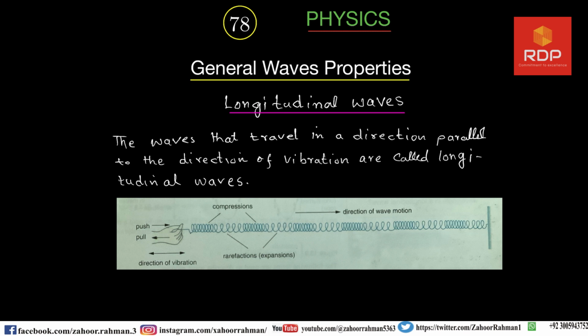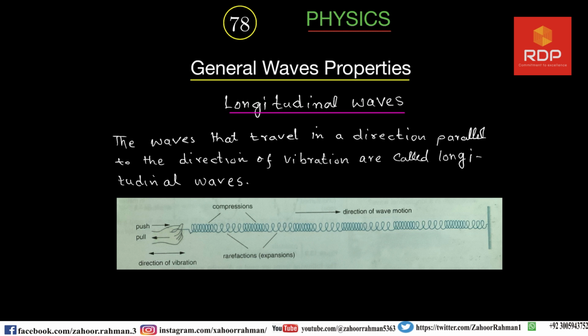So, ladies and gentlemen, there are waves which are produced by the slinky spring, and that slinky spring is shown in the figure as we used it in yesterday's lecture. Today we are going to discuss it again.